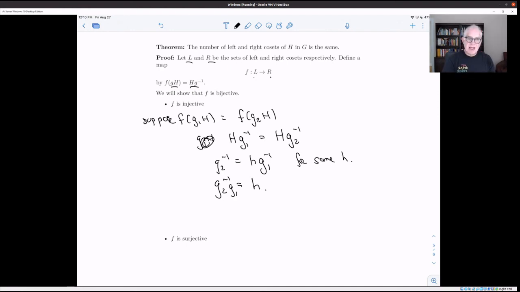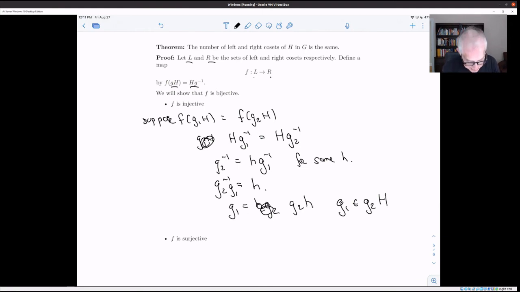And then let's multiply on the left by g2 to get g1 equals g2h. And therefore, we have shown that g1 is in the coset g2H.